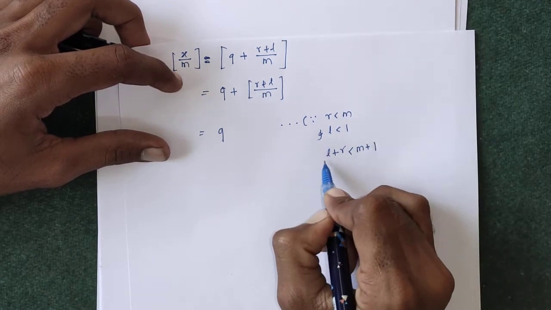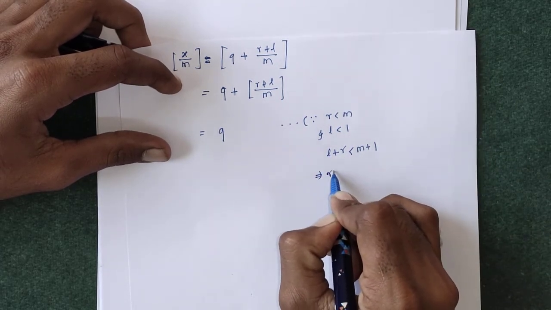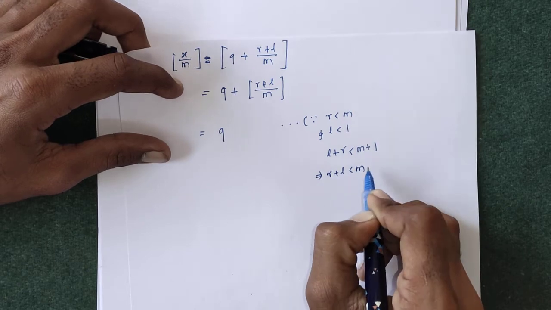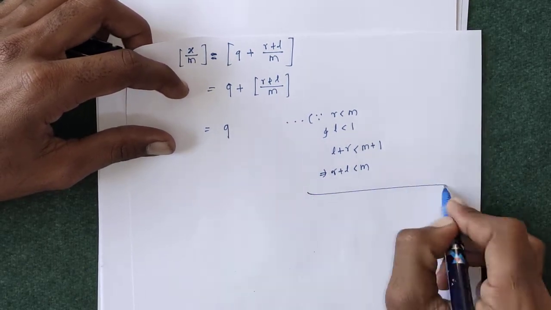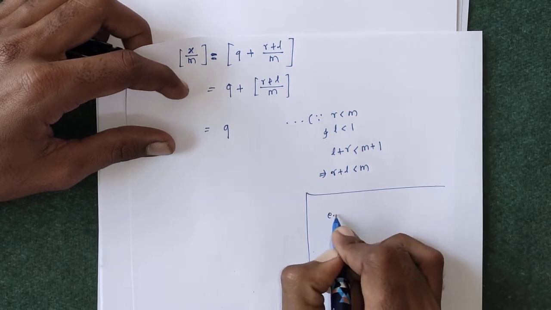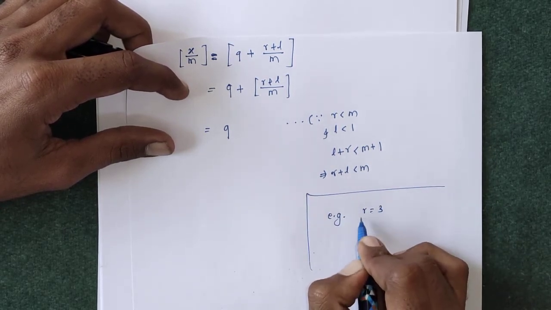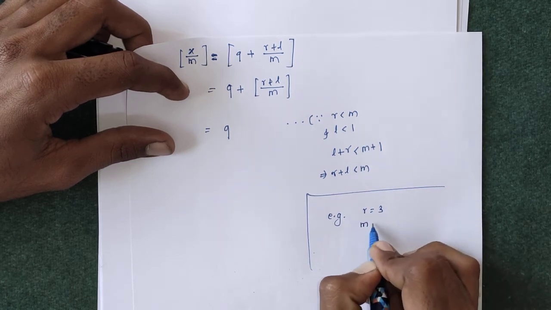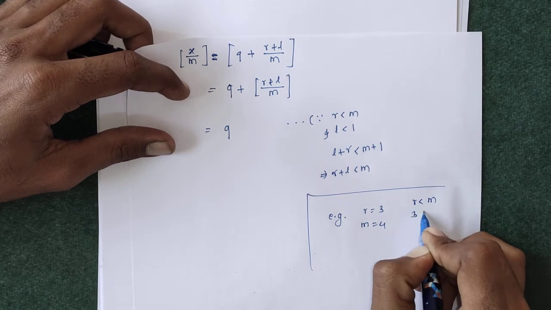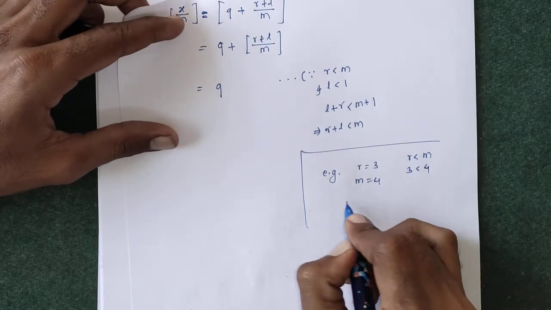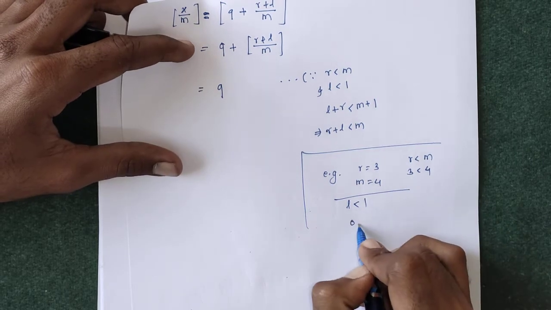Directly I can write it as r plus l is less than m. This is just rough work. For example, suppose r is equal to 3 and suppose m is equal to 4. Clearly r is less than m, that is 3 is less than 4, and the condition on l is that it is less than 1. So l must be of the form 0 point something.